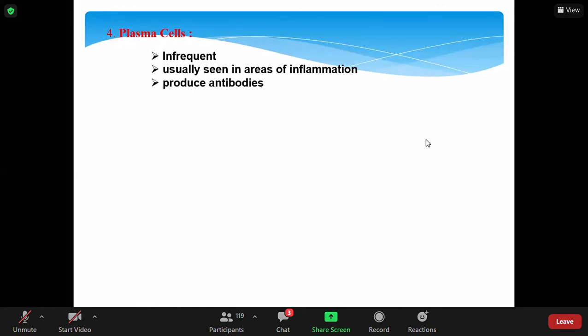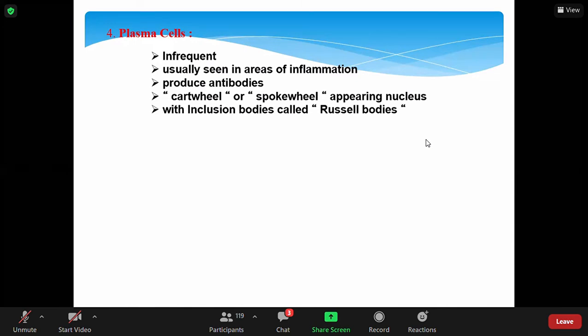They produce antibodies, so that is your immunologic function. And then the nucleus looks like a cartwheel or spoke wheel appearance. And then the inclusion bodies you call Russell bodies. The inclusion bodies found in plasma cells are Russell bodies.